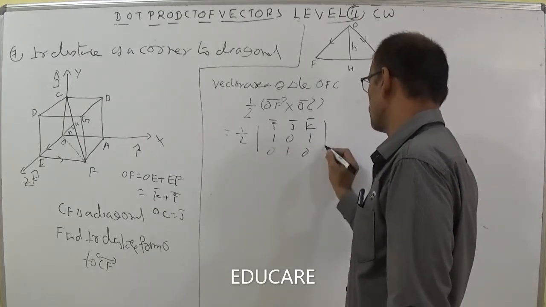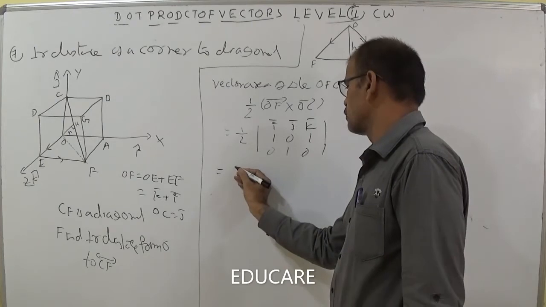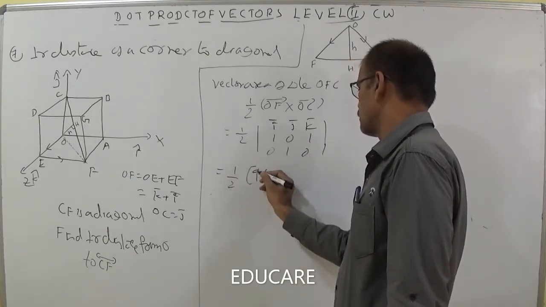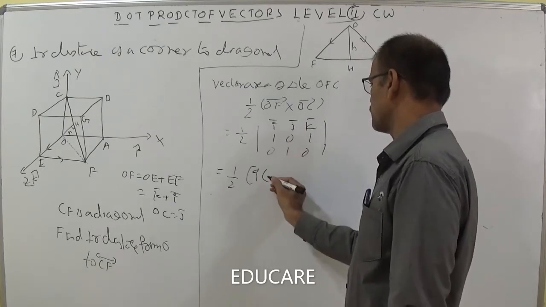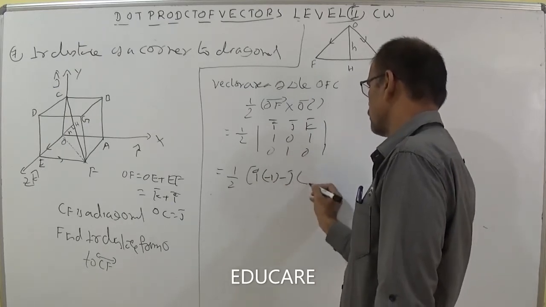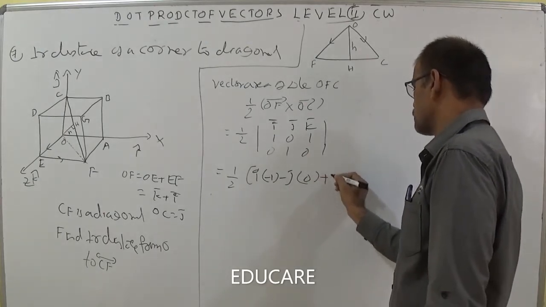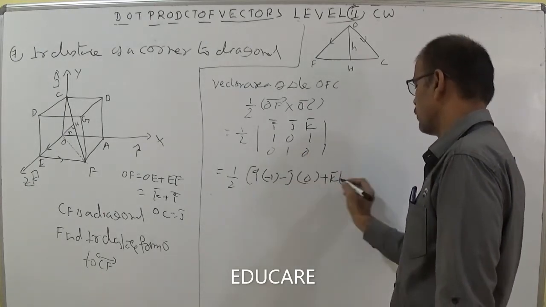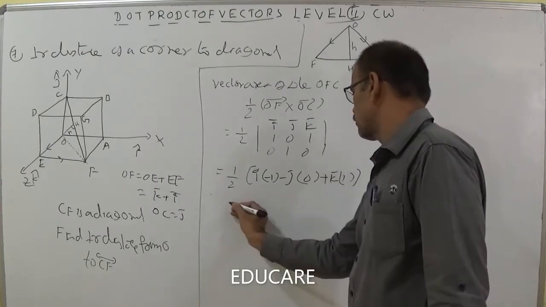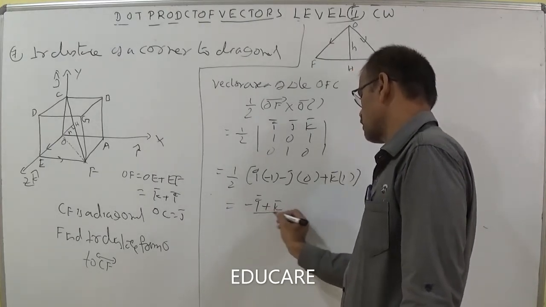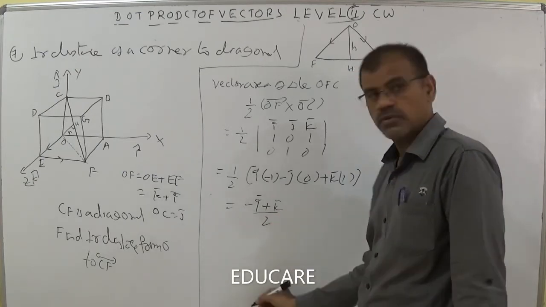You calculate the value: half into I bar into (0 minus 1), minus J into (0 minus 0), no need to write, plus K bar into 1. So you get minus I plus K whole by 2.